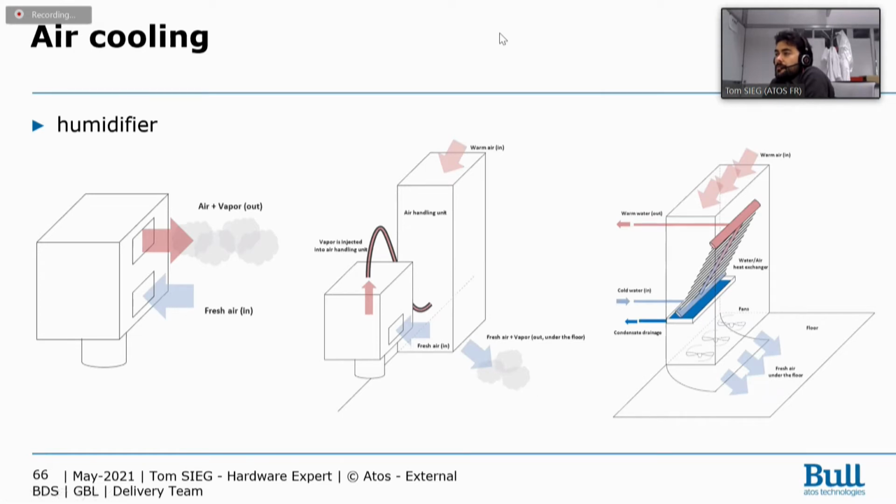Some data center rooms, depending on your region and the climate, will need more or less humidity inside. Because of course, if you have humidity at 80 or 70%, it's really bad for electronic components.